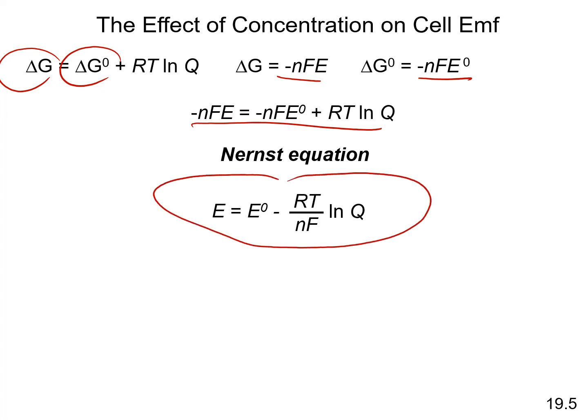We use the Nernst equation for conditions other than standard state, meaning again the concentrations of our ions are not 1 molar and the pressure is not 1 atm. So we can rearrange this one, and this gives us the Nernst equation.